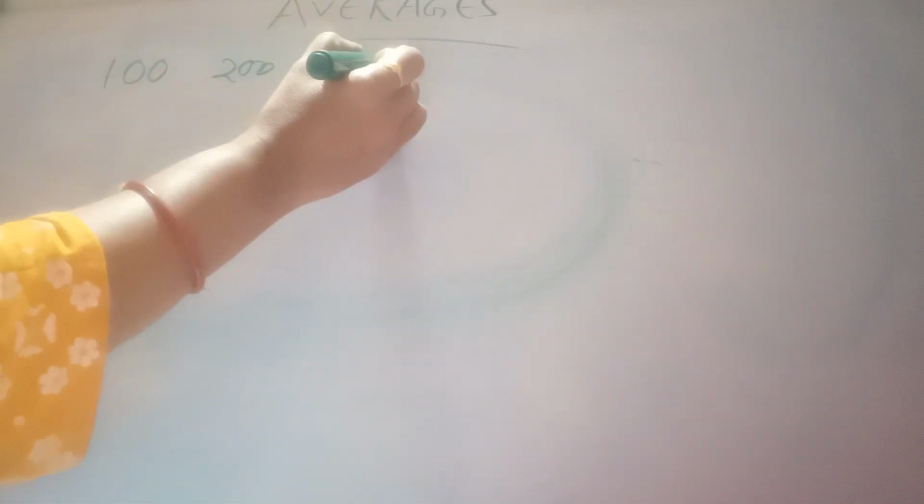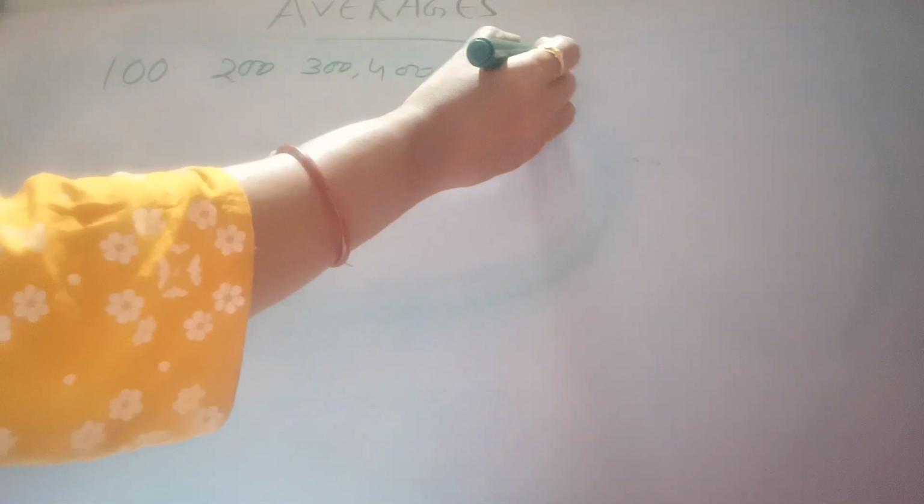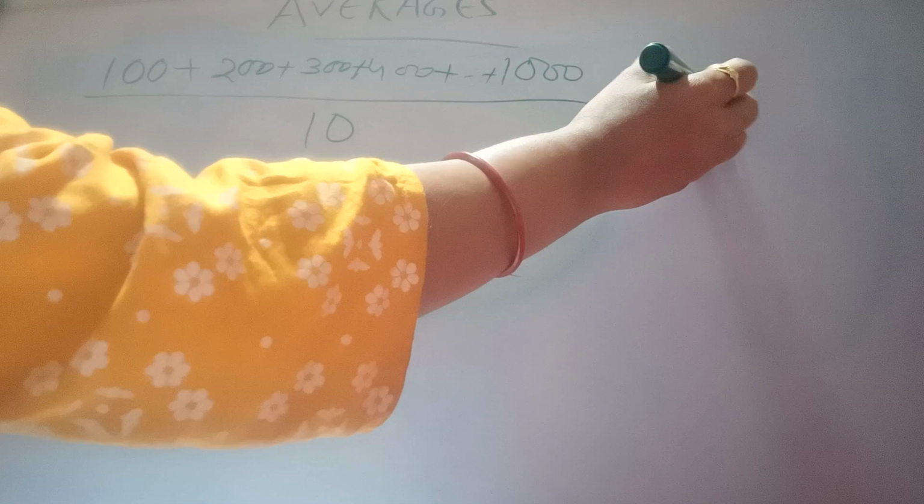The average of 100, 200, 300, 400 up to 1000 means we will add them up to 1000 and divide by 10, which equals 550. It is given.